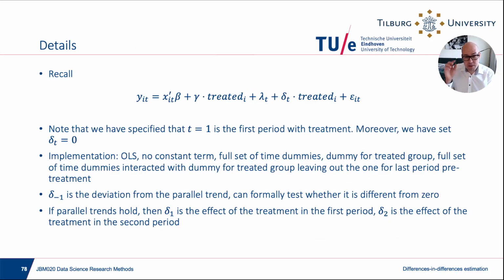Some details. So here again, this is the equation that I had on the previous slides. So as I said, we have specified that t is equal to 1 in the first period with the treatment, and we have set delta not equal to 0.